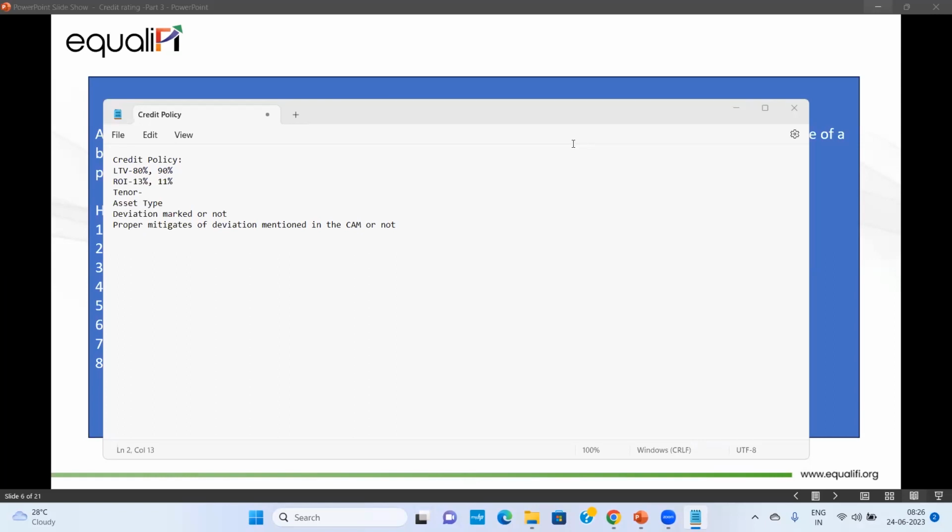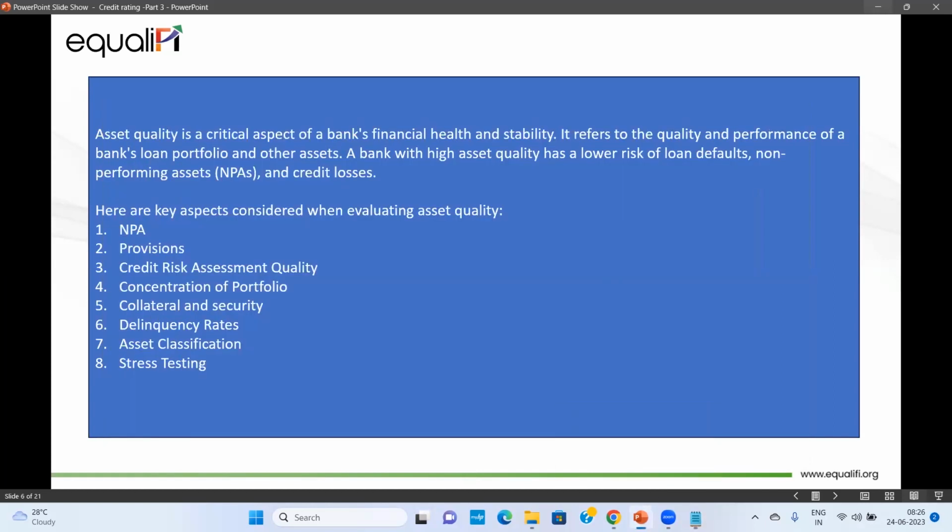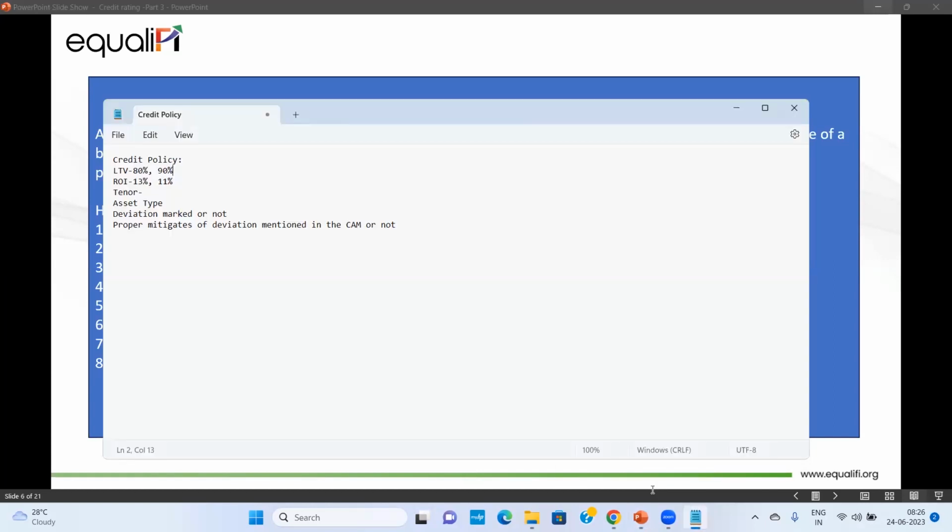And the other real factor is, so I just open the notepad. If you carefully look at a repayment schedule, there are three portions: one is interest, second is principal, and the third one is EMI, which is the sum total of your interest and principal.